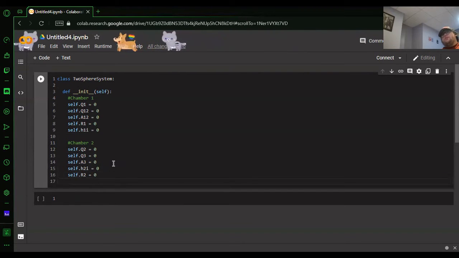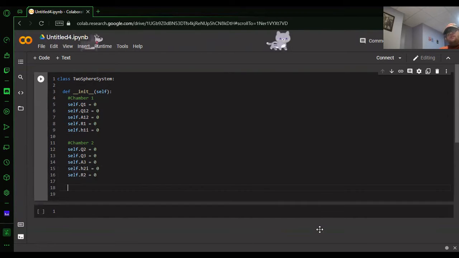So now, if you remember back in the OneNote notebook, we have equations to solve for Q12 and Q3. So what that means is instead of giving Q12 and Q3 values, we can make them functions with respect to time.